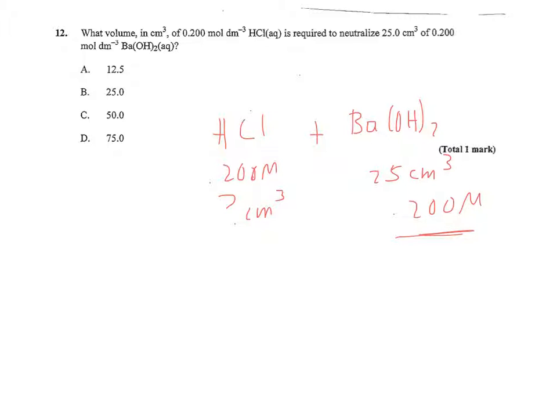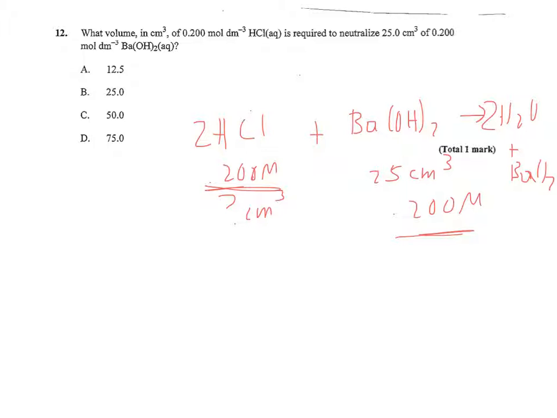So you should notice you've got equal molar solutions here. And then when you neutralize this, you're going to get BaCl2. So what you have to realize is that to balance this, I need a 2 here as well as a 2 here. And so this is in a 1-to-2 relationship.